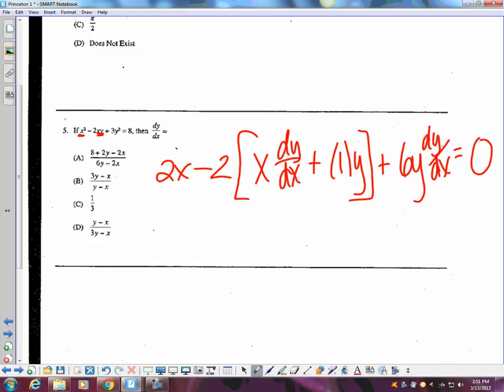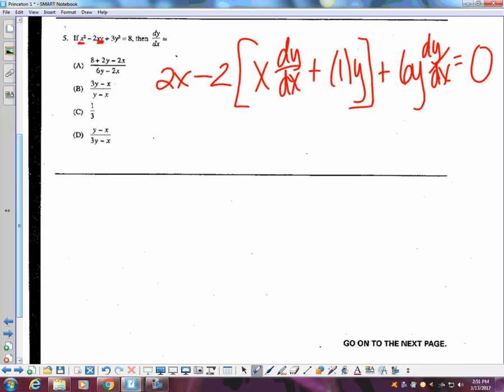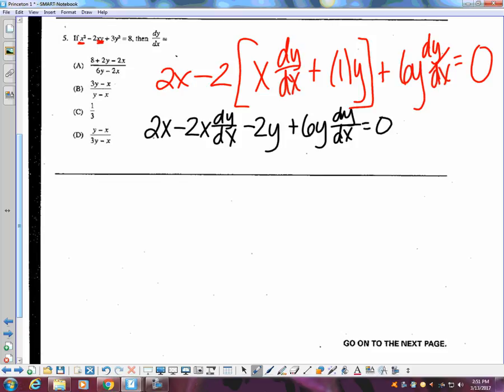Now it wants me to solve for dy dx. Okay. I'm going to distribute my 2 back through, okay? Do you see your terms that have a dy dx in them?